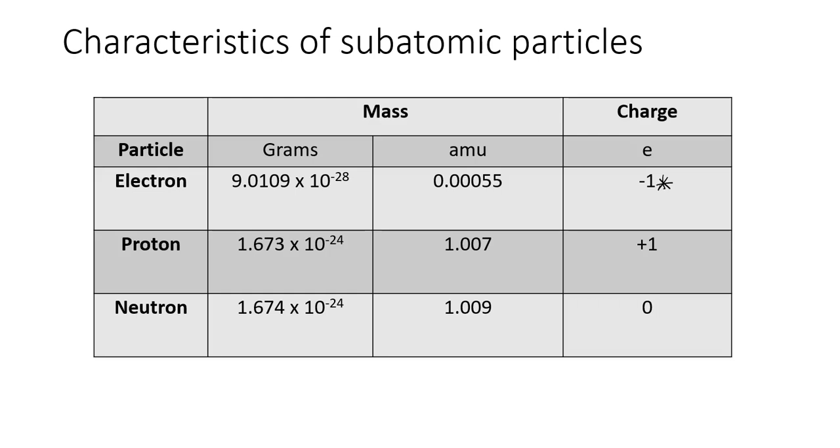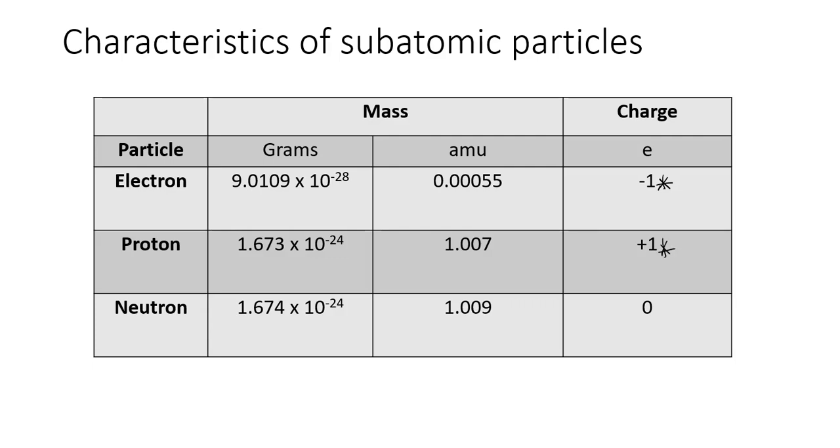This mass is translated to 0.0005 atomic mass unit, and we'll see what an atomic mass unit is. A proton has a mass of 1.673 times 10 to the negative 24, which is translated as 1.007 atomic mass unit. And you can see the charge of a proton is a +1.